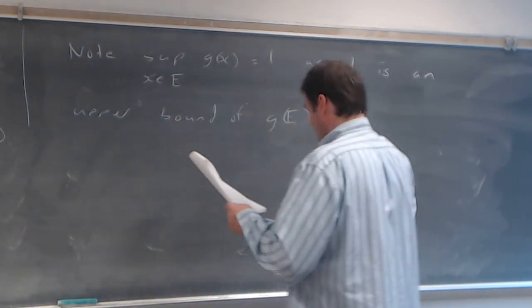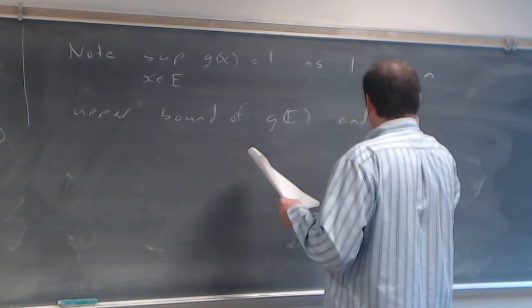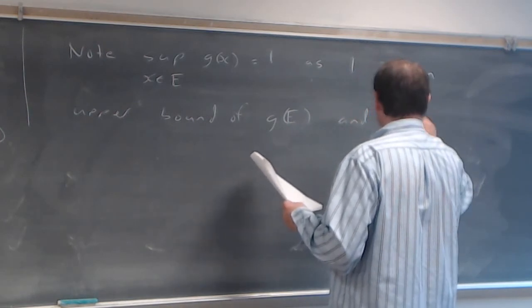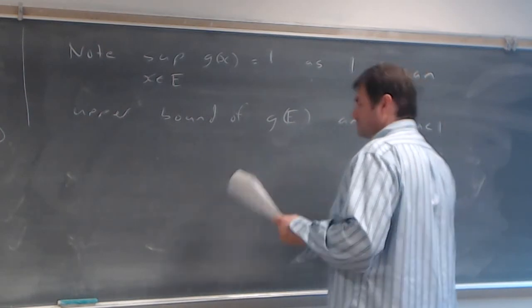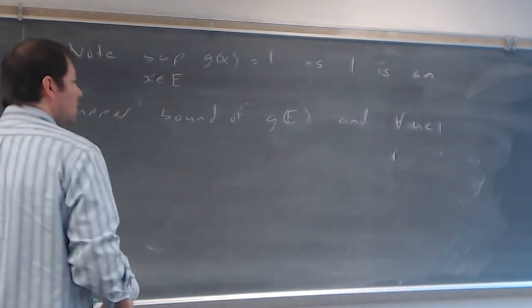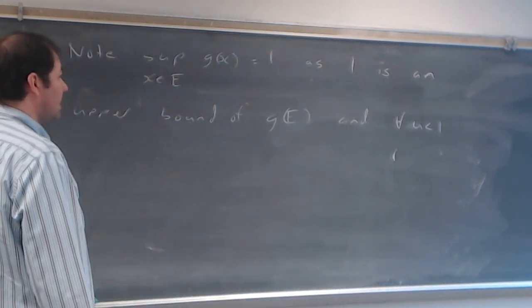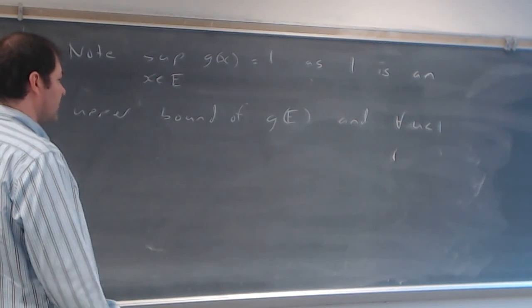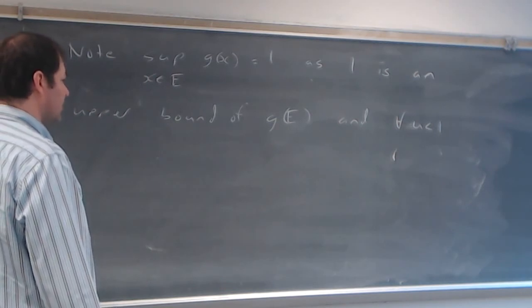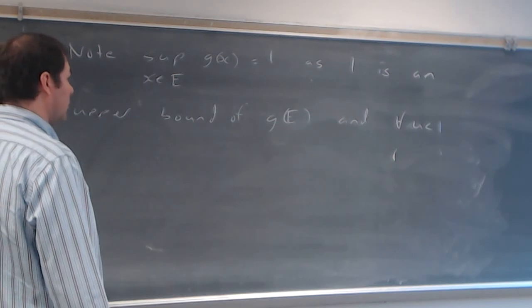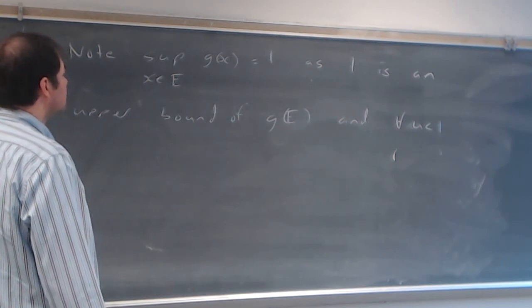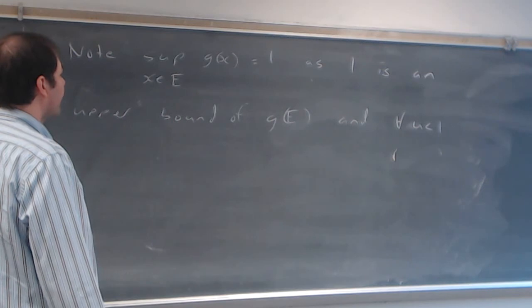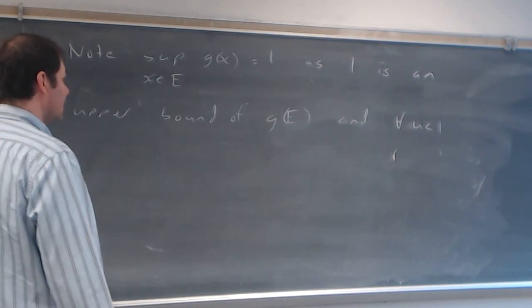And for all u less than 1, okay, so if you give me something less than what we think is the supremum, 1, then to prove that 1 is the supremum, it cannot be an upper bound, because this is the least upper bound.